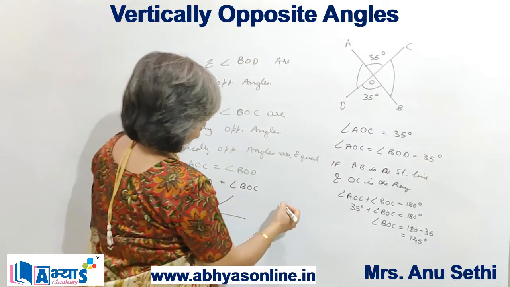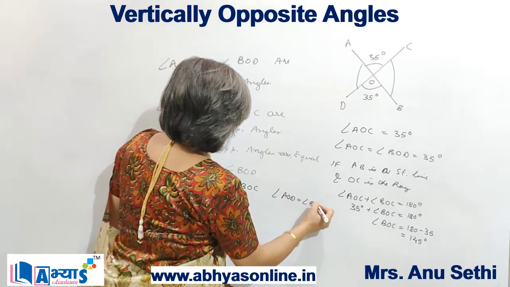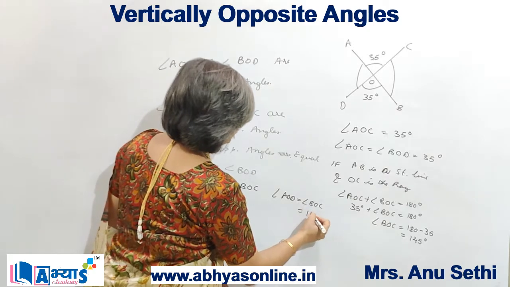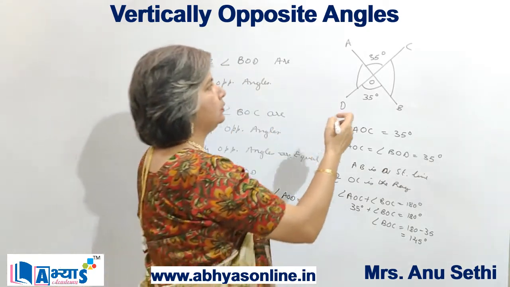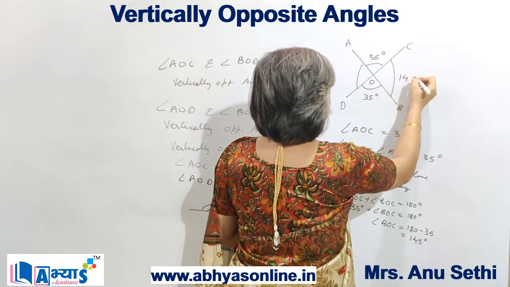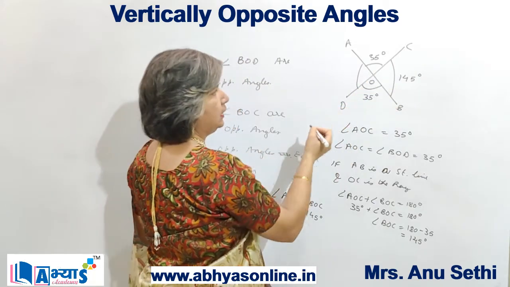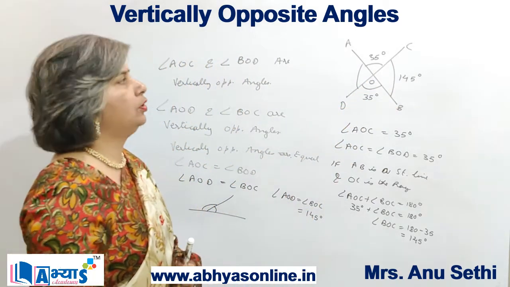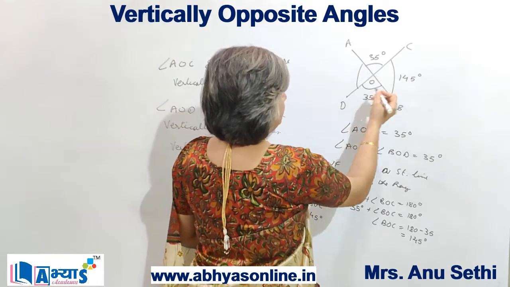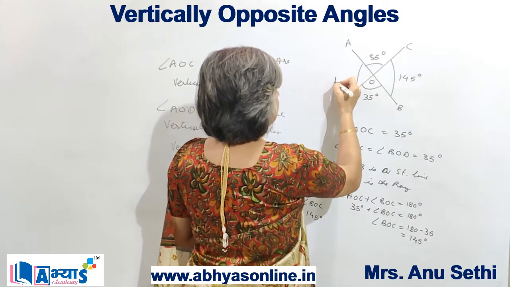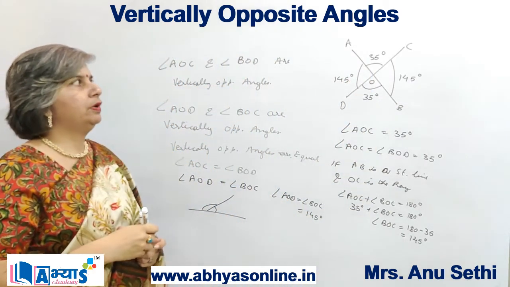We know that angle AOD is equal to angle BOC, vertically opposite angles, so it is also equal to 145. So angle AOC is 35, angle BOC is 145, BOD is 35, and AOD is 145 degrees.